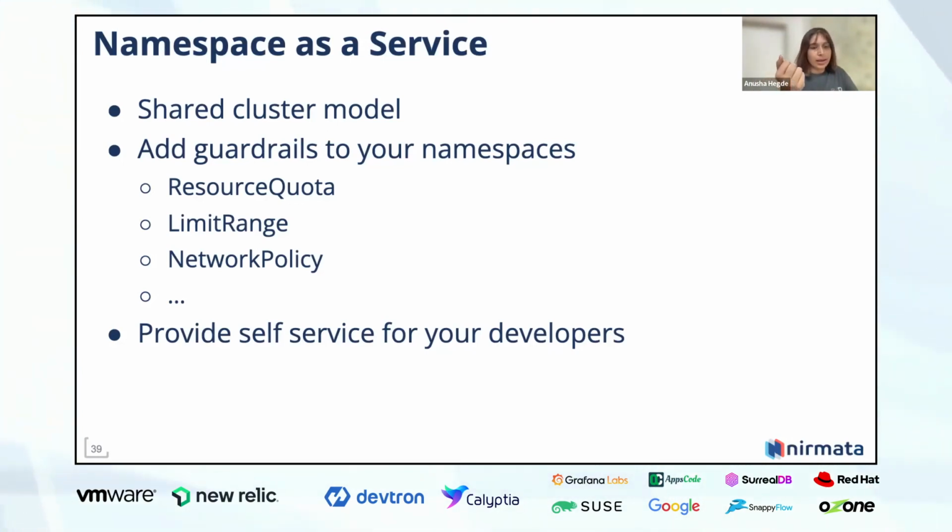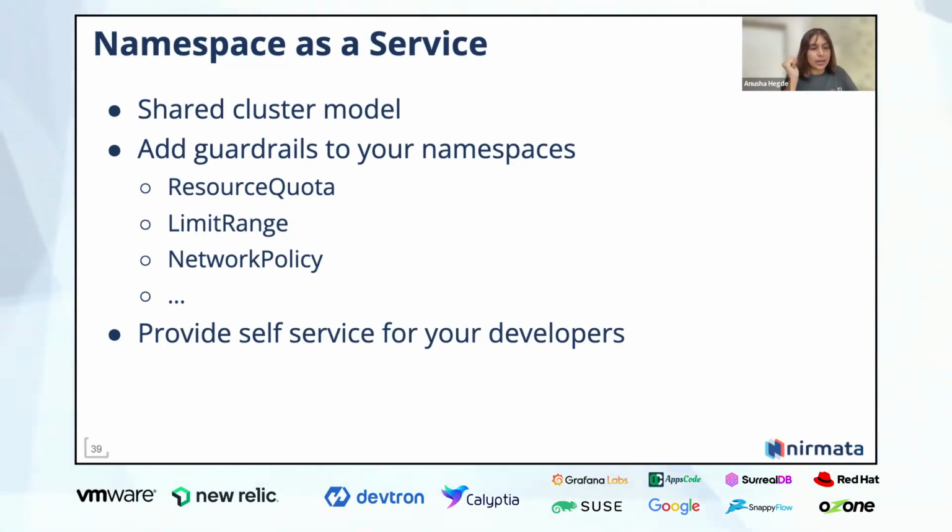But there are, again, definitely best practices that you need to follow. And following best practices means nothing but adding guardrails to your namespaces. So what are the different things that you can do? You can create resource quotas for the namespace. You can set limit ranges.